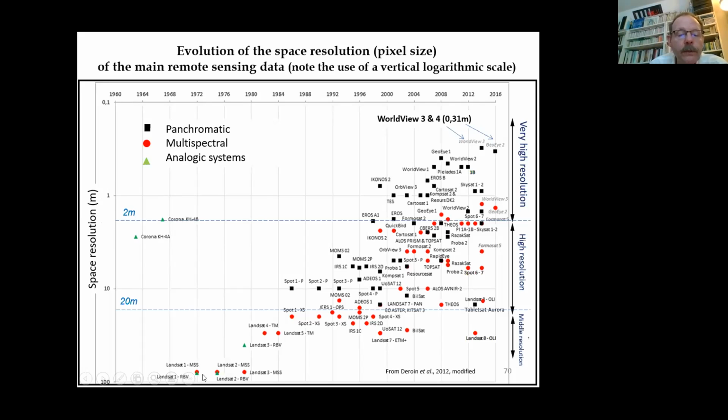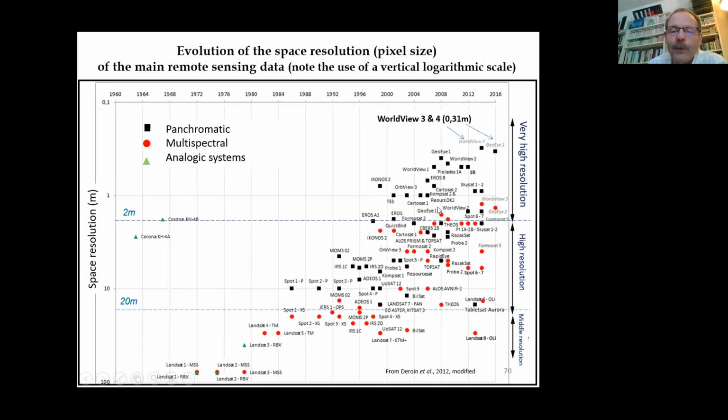But the development of remote sensing is mainly from 1972 onward until the present. And now we have a resolution of 31 and even 25 centimeters with different kinds of sensors. What we call very high resolution is a resolution higher than 2 meters, that means lower in value.